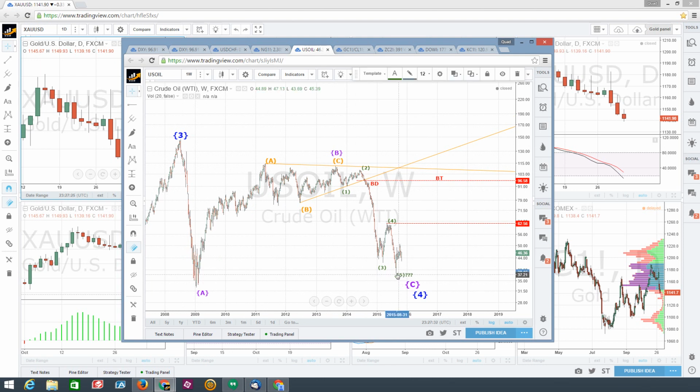Wave 5 may have finished here, but so far this bounce up is looking somewhat lazy. Not what I would expect from a significant, major bottom here.